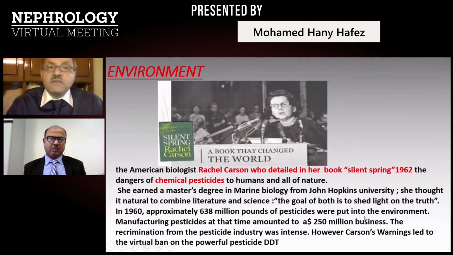And this American biologist, Rachel Carson, wrote a book called Silent Spring in 1962. That book changed the world because it mentioned the danger of chemical pesticides on humans and nature.